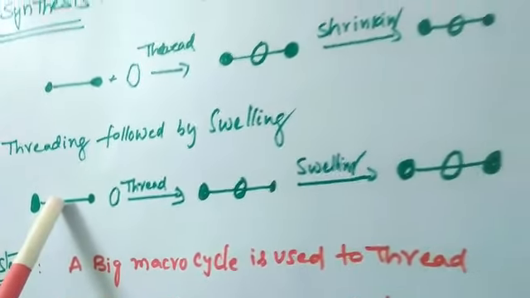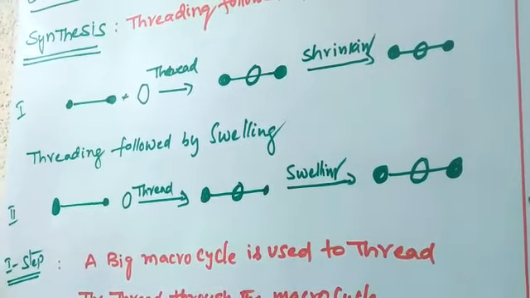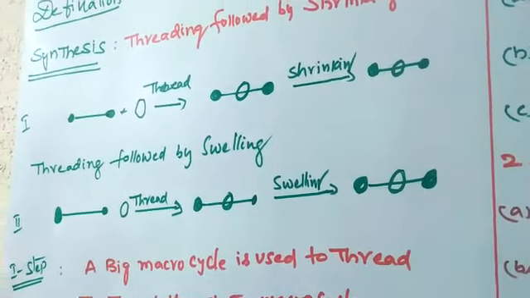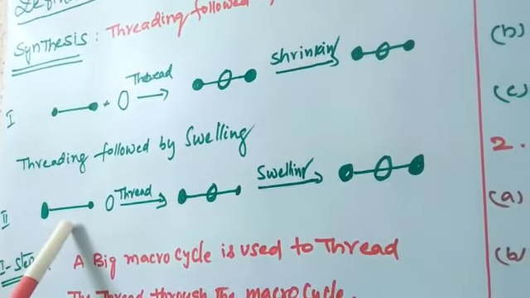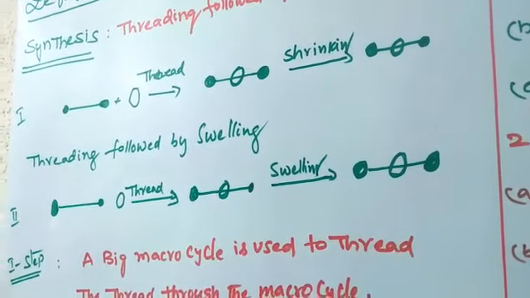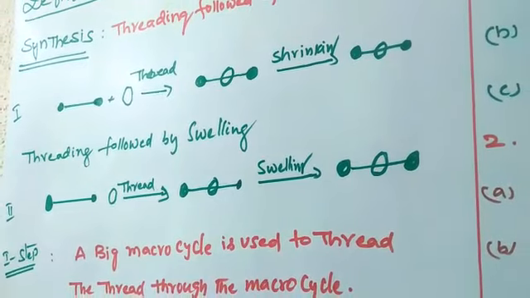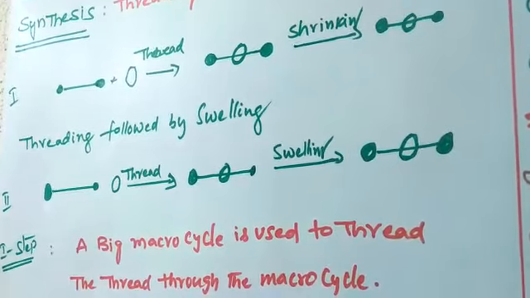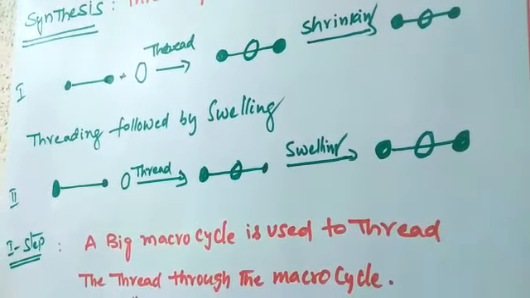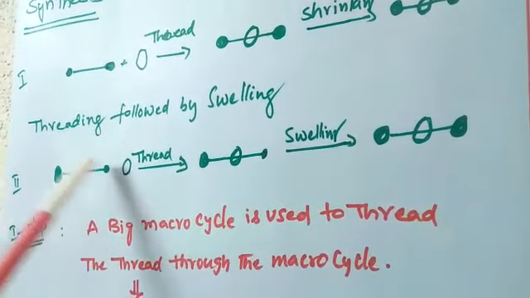Look here. This is the threading composition. The thread passes easily through the macrocycle. Then the small group swells and locks the macrocycle into place. Look, this is the macromolecule.